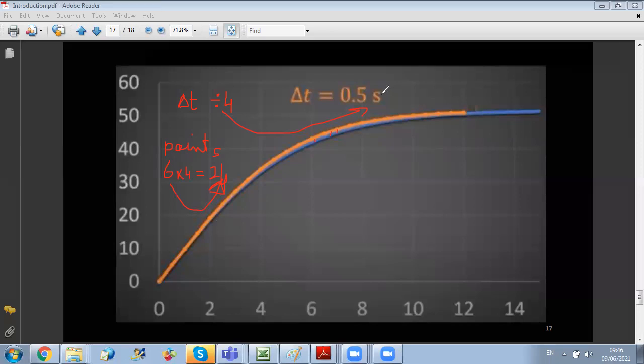So this is a good result. So now I can say no need to go with a smaller delta t, because delta t equals 0.5 seconds was really good in giving a value that is close to the exact value obtained analytically. Okay.